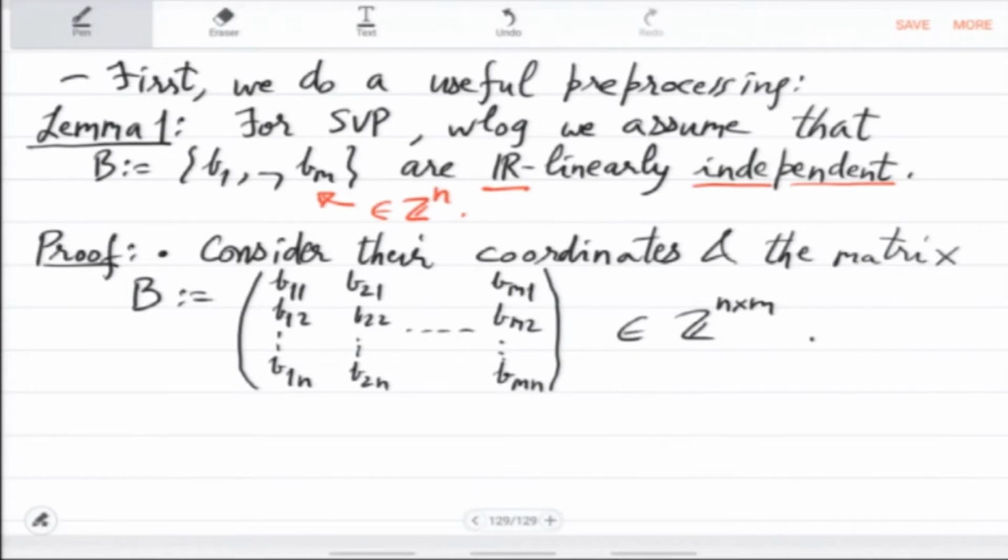But remember that you are only allowed integral combinations. You cannot use non-integers. So the first thing we will do is take the GCD of the first row: B11, B21, up to Bm1.